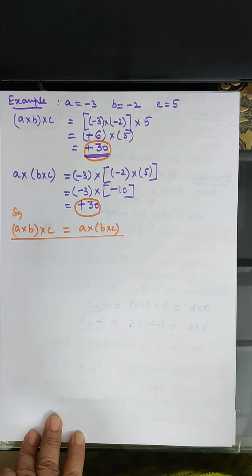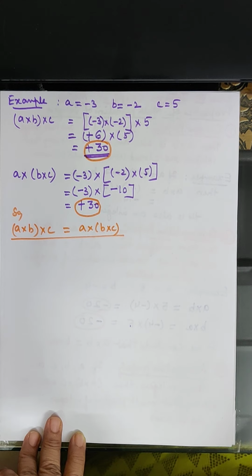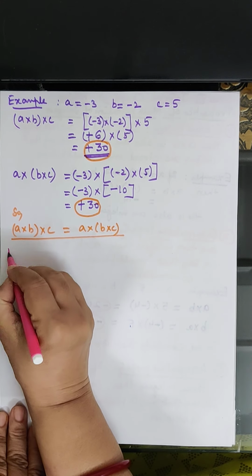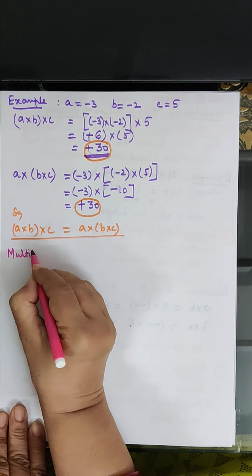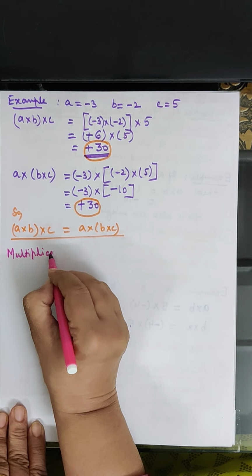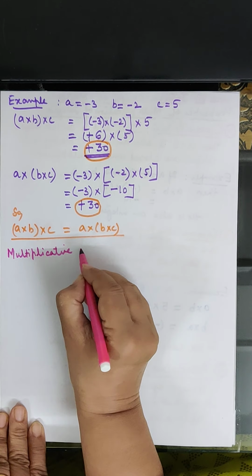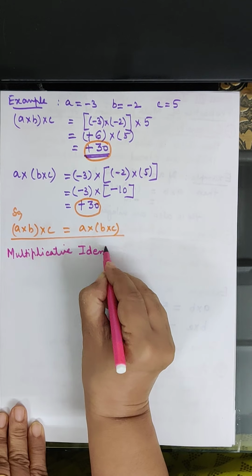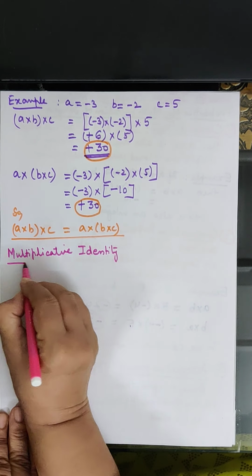Now next is the multiplicative identity. Okay.